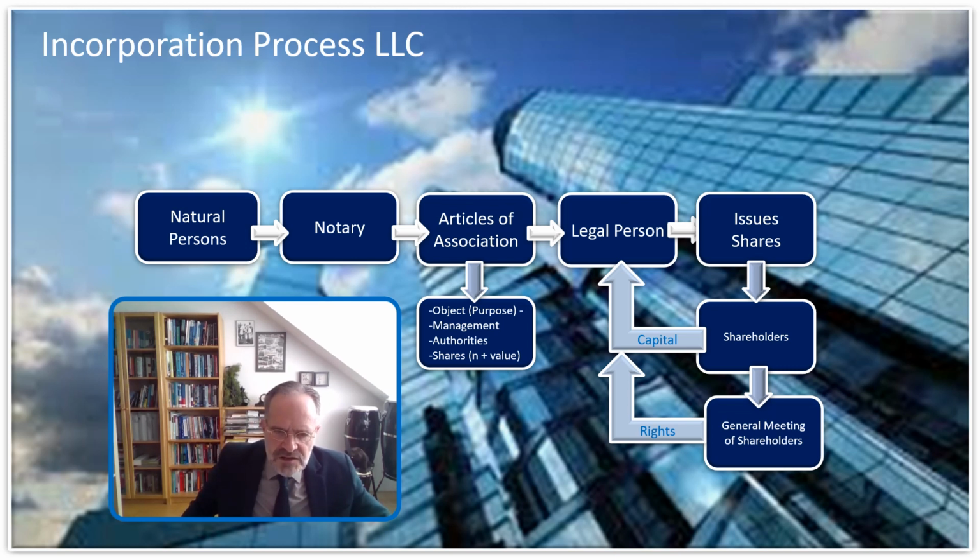And those major decisions are about the purpose of the company, which is referred to as its object, and that is important for the management because it must always act within the purpose of the company. The management will be appointed in the Articles of Association, its authorities defined, and the value and number of shares will be in the Articles of Incorporation.